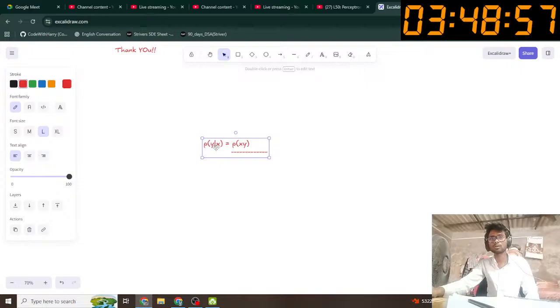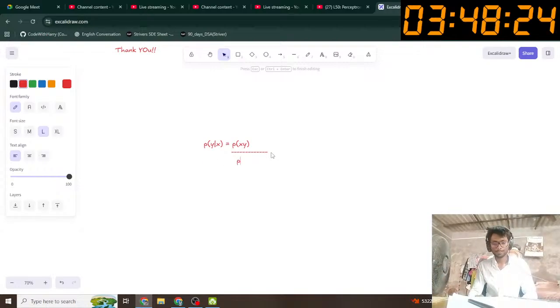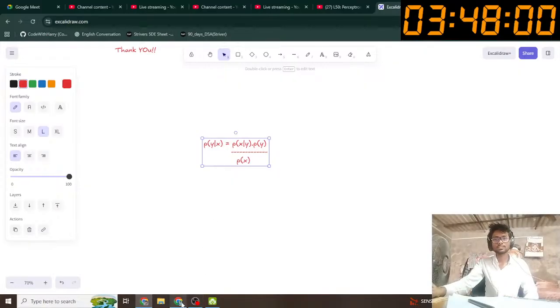That is, we have to model the probability of y given the feature vector x, and from the definition of conditional probability, we know that it is the same as p of x and y divided by the one we are conditioning with, that is divided by p of x, and this could further be written as p of x given y times p of y.